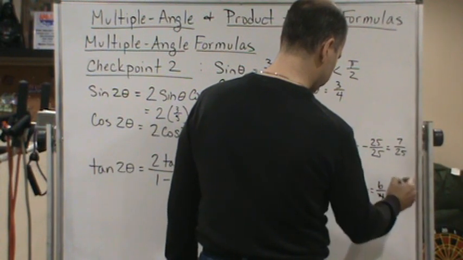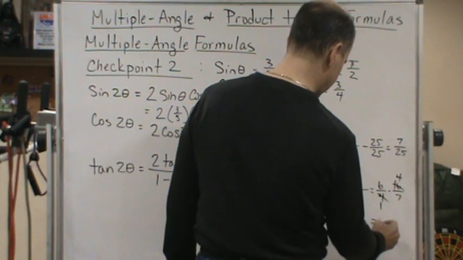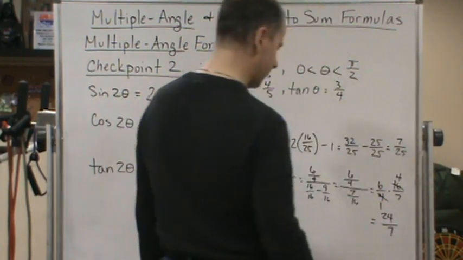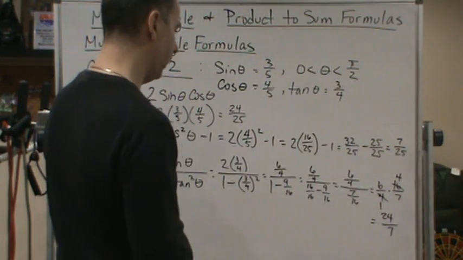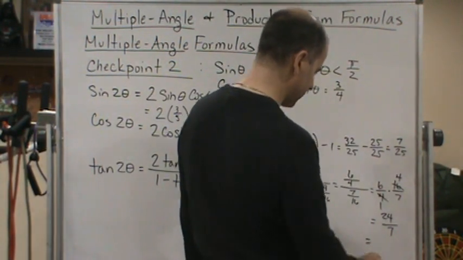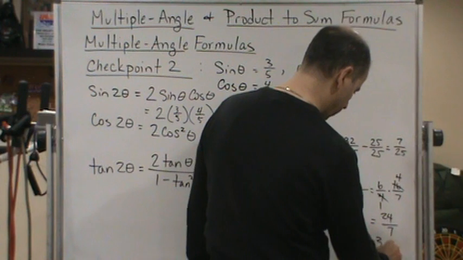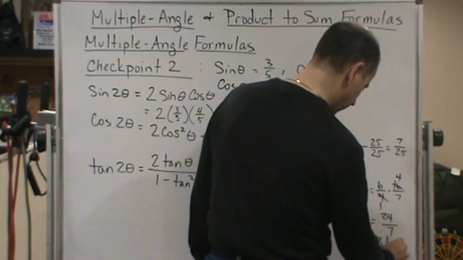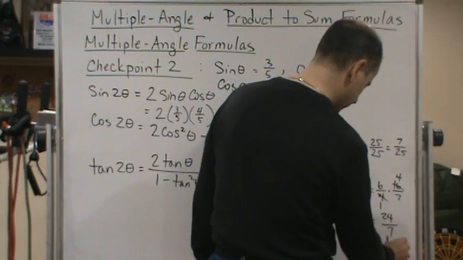These cancel. And so we end up with 24/7. Okay? Or it's an improper fraction, so let's write it as a mixed number. So this will be 3 and 3/7.